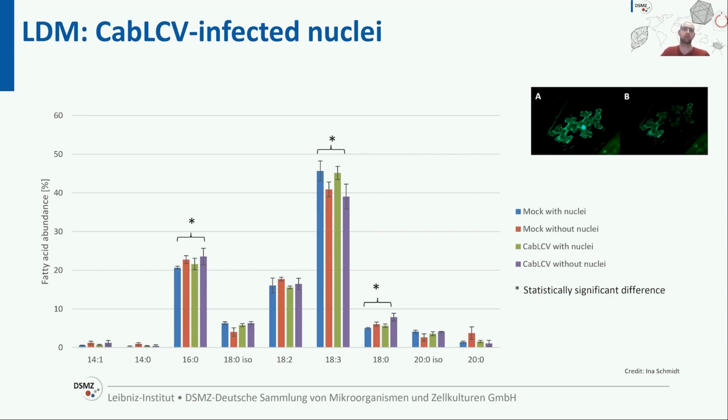And we could then really show that there are changes happening in the lipid composition of infected and non-infected cabbage leaf curl tissue, but only in some cases. So there's more work to be done, but it's an interesting field of view.